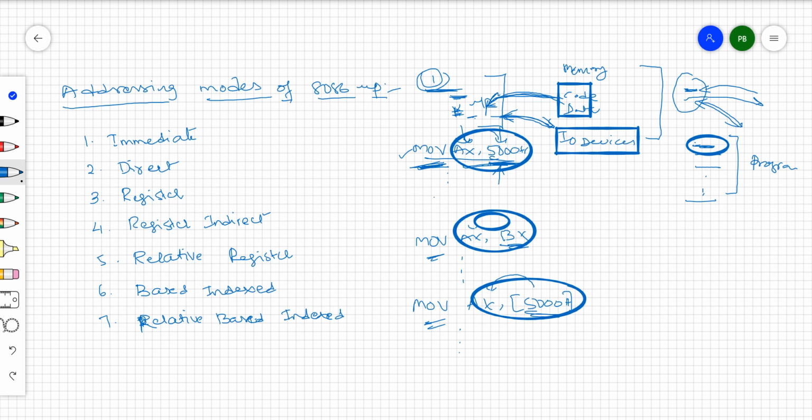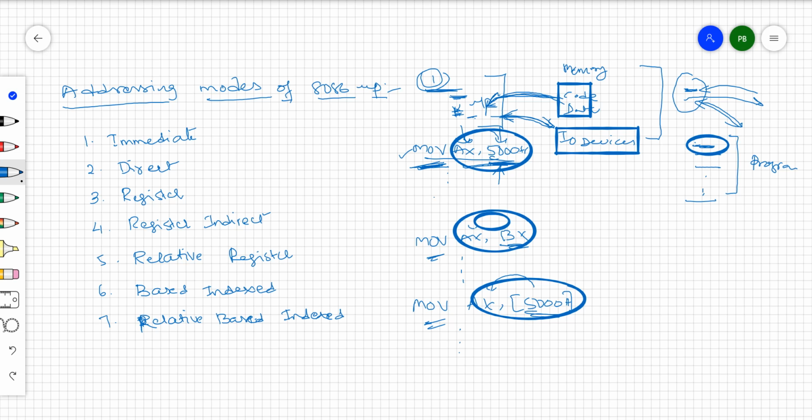That means how the processor points to a location to get the source data, or how it is accessing the source data to perform a particular operation, tells you the mode of addressing.